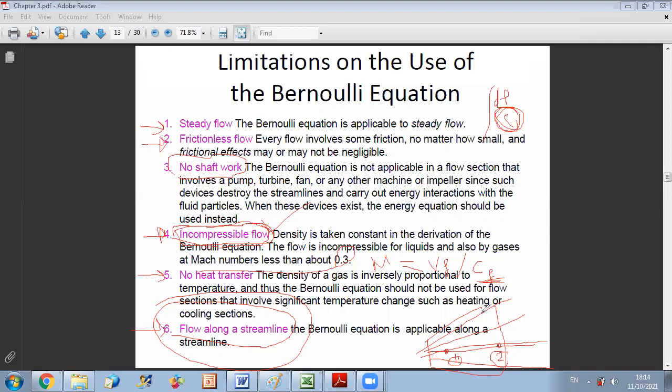But you cannot consider a point 3 on another streamline and say, I want to apply Bernoulli between 1 and 3. And of course, to satisfy the conditions, to not have any friction, you should be far away from walls. So in general, we always try to deal with streamlines at the center of the device, far from walls, to not have friction effects or viscous effects.